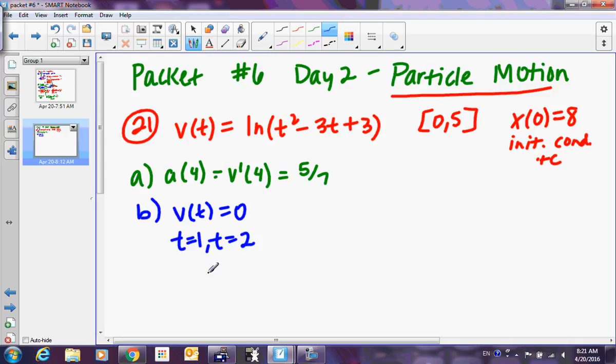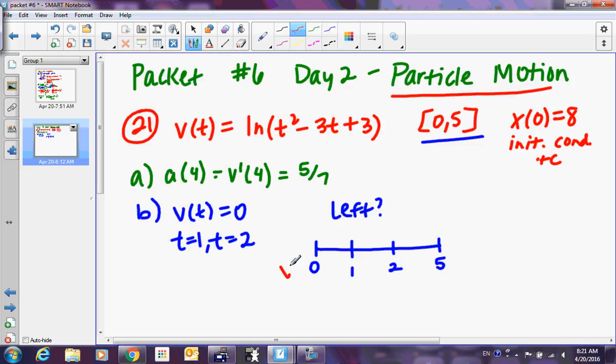Now, to answer the question, where is this thing moving to the left? We could do a sign chart. I'm going to show you another way really quick after this. I started at 0, stopped at 5 because it told me to do that. What I can do here is test velocity, and then that'll tell me about the position being left or right.